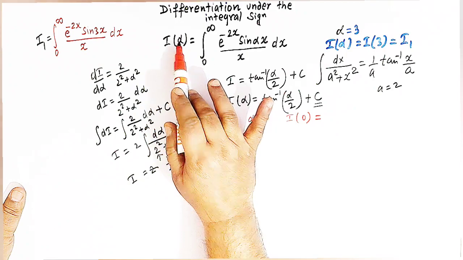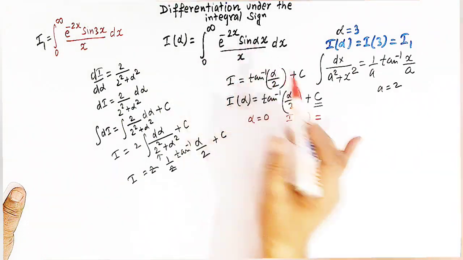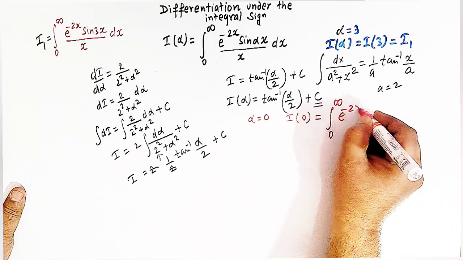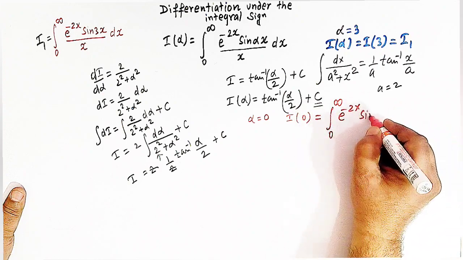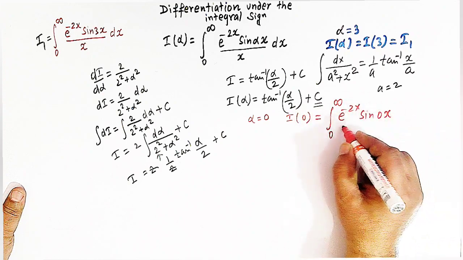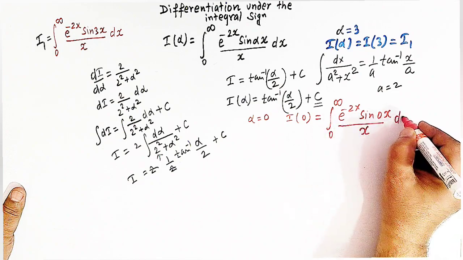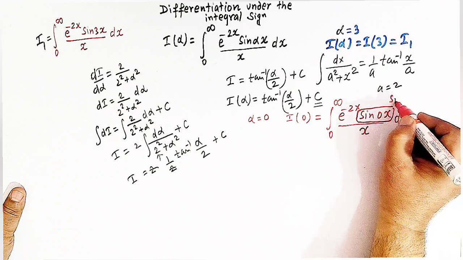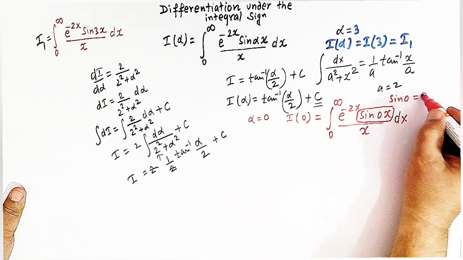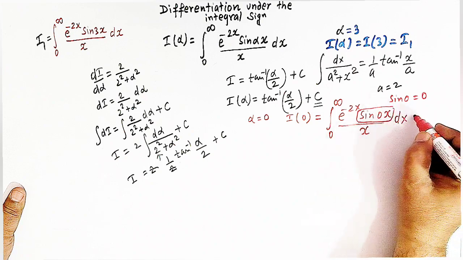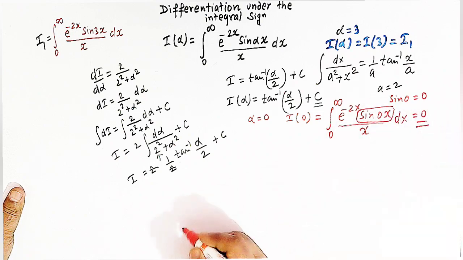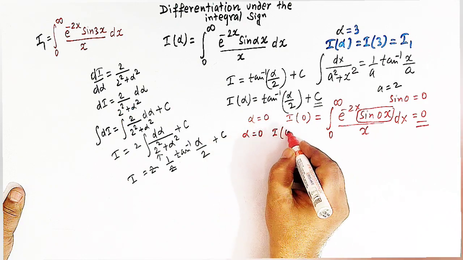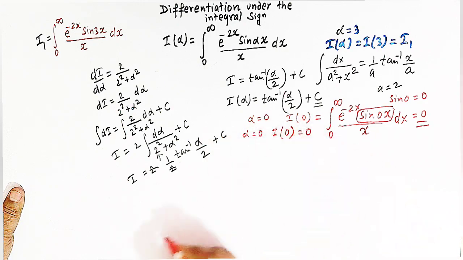So when we take alpha is equal to 0, in this integral we have 0 to infinity e raised to minus 2x and sine of 0x, and here we have x dx, right? Now this term, sine of 0x, is the sine of 0, which is equal to 0. So our integral reduces to 0, right? So the boundary conditions are alpha is equal to 0 and I of 0 is equal to 0, right?